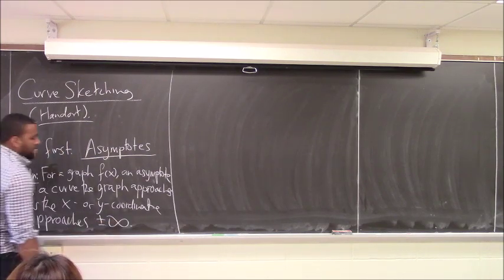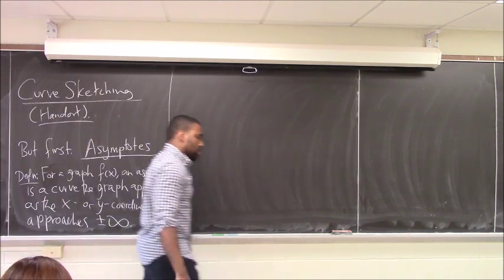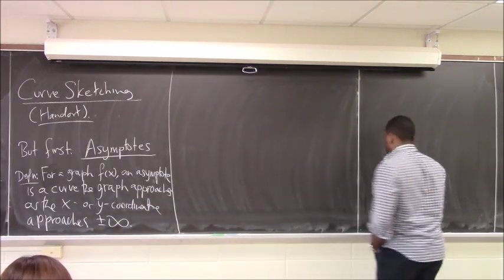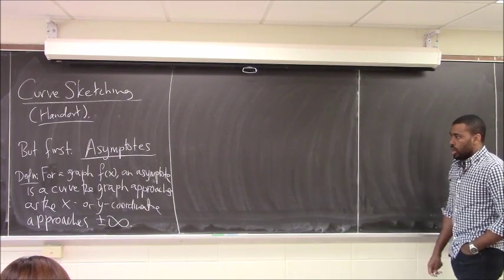As one coordinate is getting larger and larger, either the x or y coordinate, if there is some other curve that your function tends to approach, this we call an asymptote.